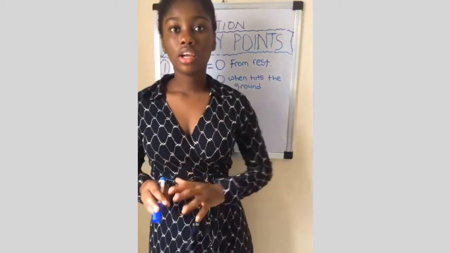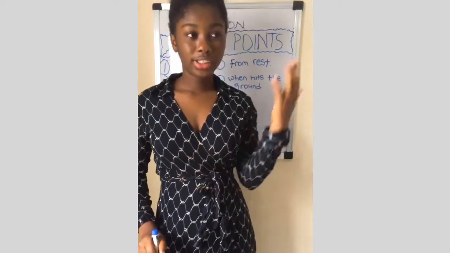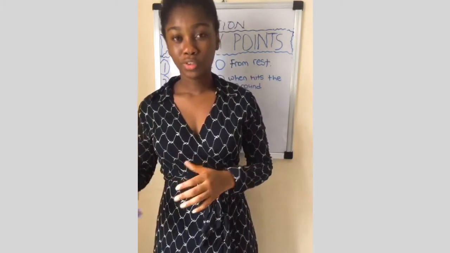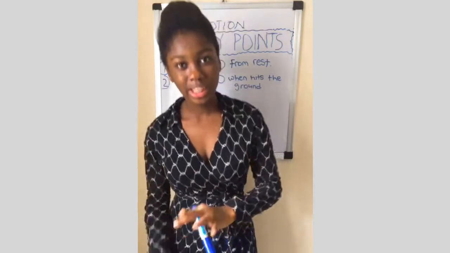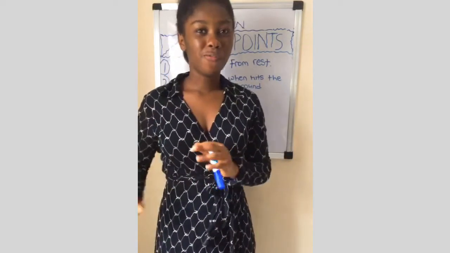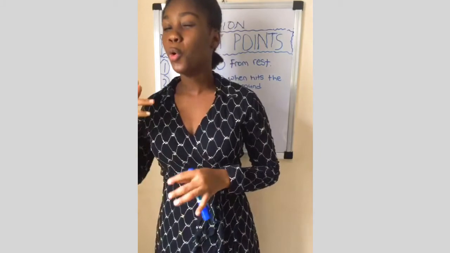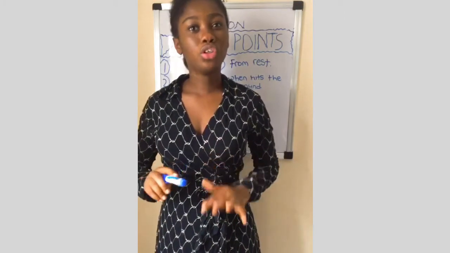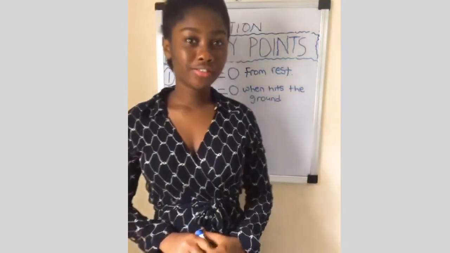And another thing: if a body hits the ground, let's say a bouncing ball, and it rebounds, the v is going to be converted to u, because it did not just stay on the floor, it started another motion up. So the v is converted to u when the body rebounds. But when the body just falls on the ground without bouncing back, the final velocity is equal to 0.